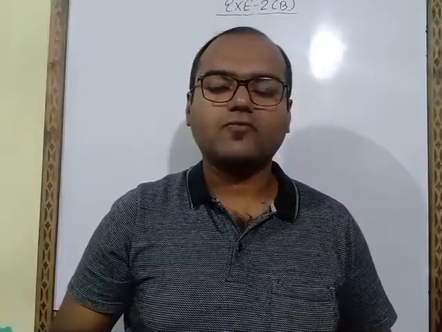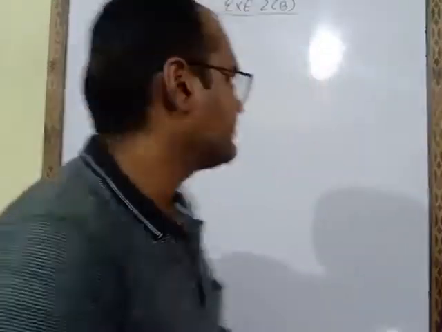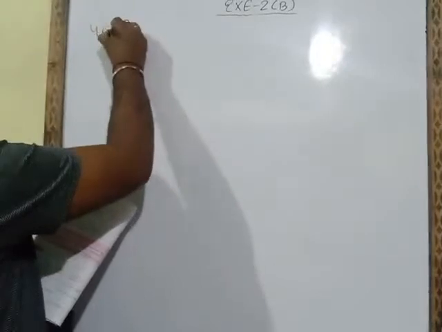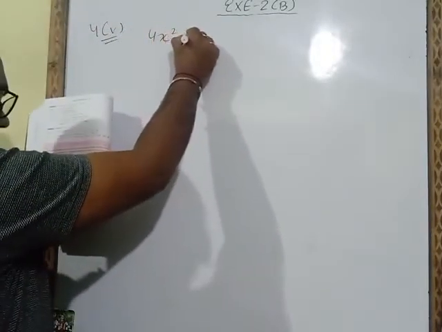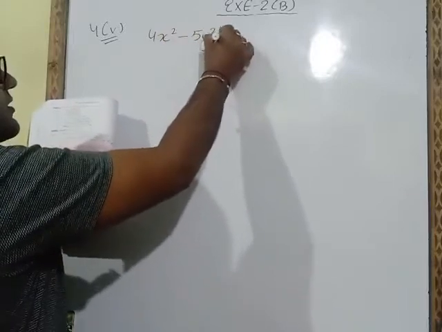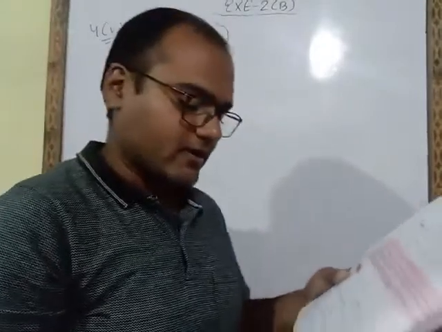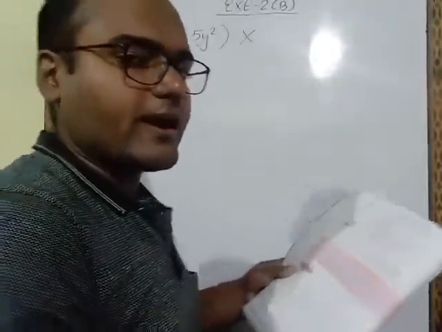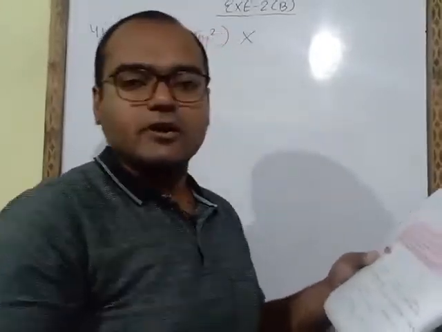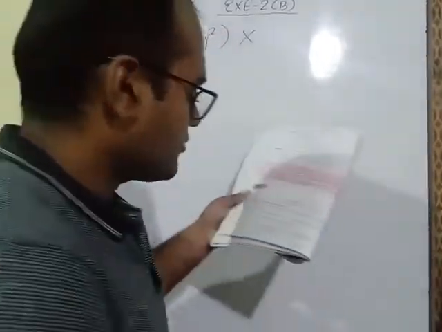Now see question number 5th part. Fourth question, 5th part. 4x square minus 5y square. This full algebraic expression we have to write in the first bracket. By means of multiply we have to put, because in the heading it is given that we have to find the multiplication. 2xy plus.